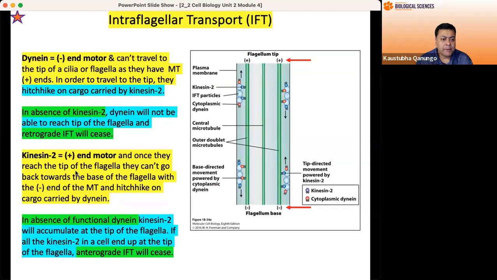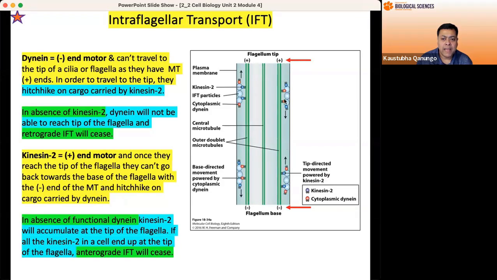But see what is happening. Once kinesin 2 reaches the tip of the flagella, it goes backwards to the base of the flagella toward the minus end of the microtubule, hitchhiking on the cargo carried by dynein. If we do not express the dynein, kinesin 2 will accumulate at the tip of the flagella. These blue things will all be in here.